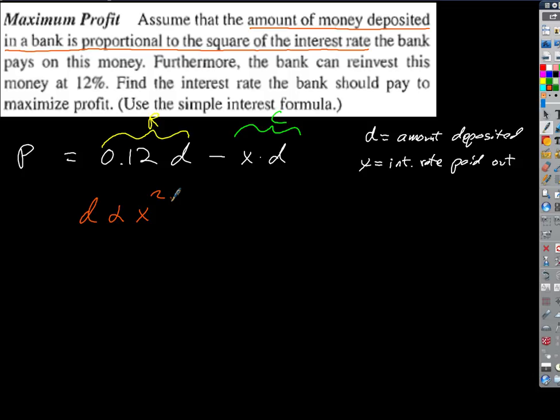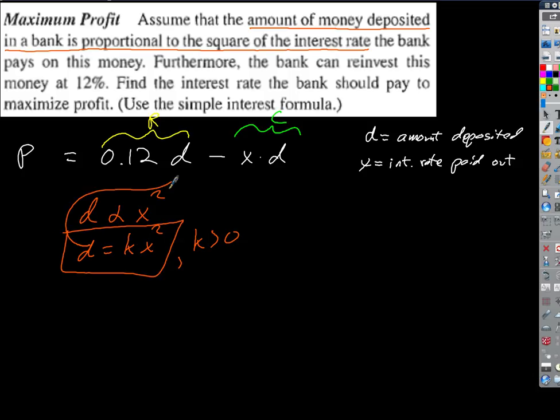So how do we write that as an equation? Proportionality? Okay, good. We would just say D equals kx squared, where k is just some constant of proportionality, some constant that's got to be greater than 0. So we could make that substitution. There's our equation of constraint, or secondary equation.